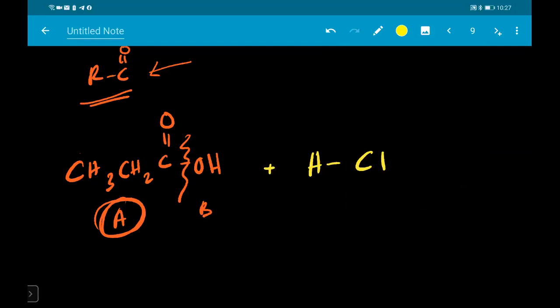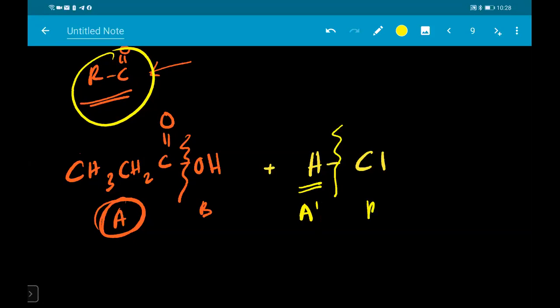The A prime will always be H. That's why the first condition earlier was a carboxylic acid derivative, because we want to find RC double bond O. And secondly, we need a non-carboxylic acid that has H. This will be labeled as A prime, and automatically its partner will be B prime. So there you have it: AB, and A prime with B prime.